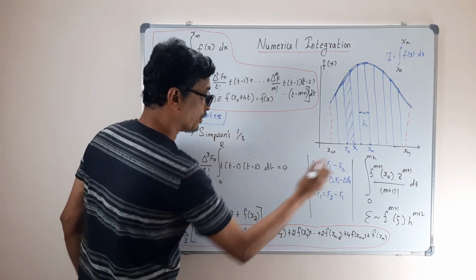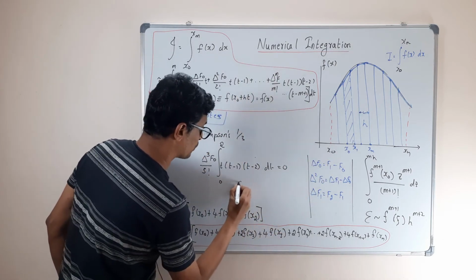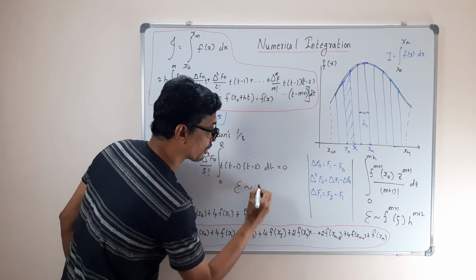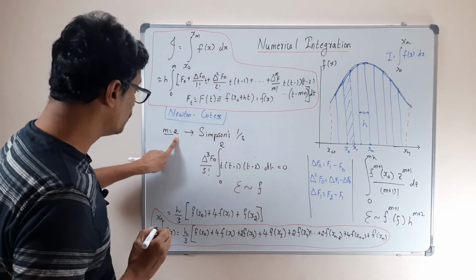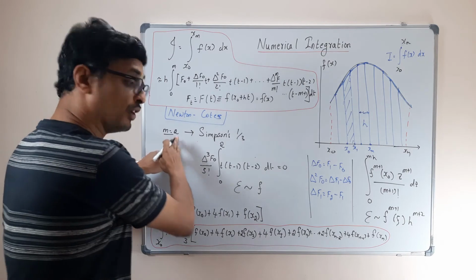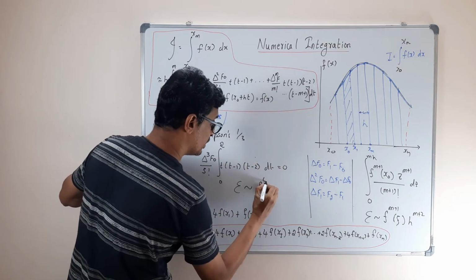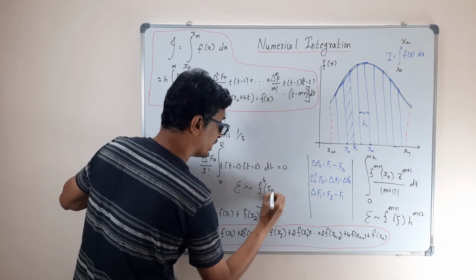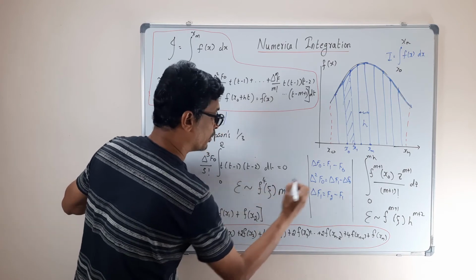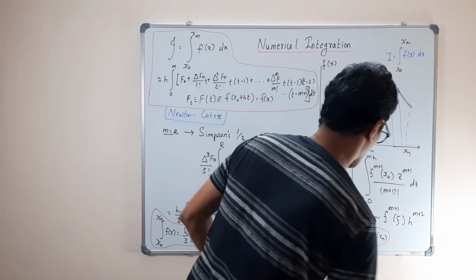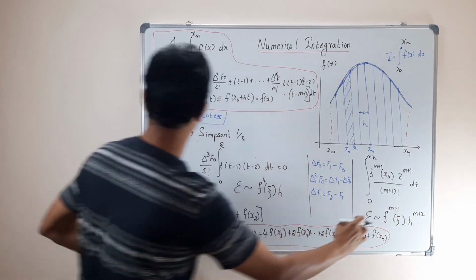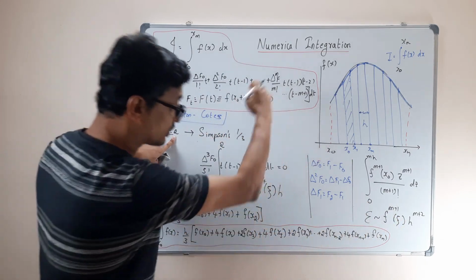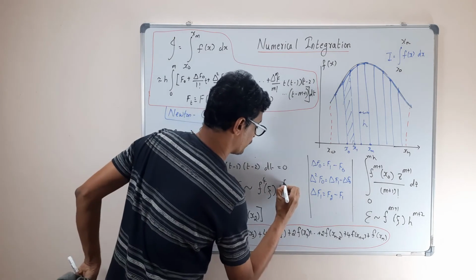And that term will be the order of, for Simpson's 1/3, your error will be the order of f to the power of what derivative? M equal to 2, but it is equivalent of 3. So it's going to be the 4th derivative in xi and h to the power of, so this is m equal to 2, that is equivalent of 3, so 3 plus 2 is equal to 5.